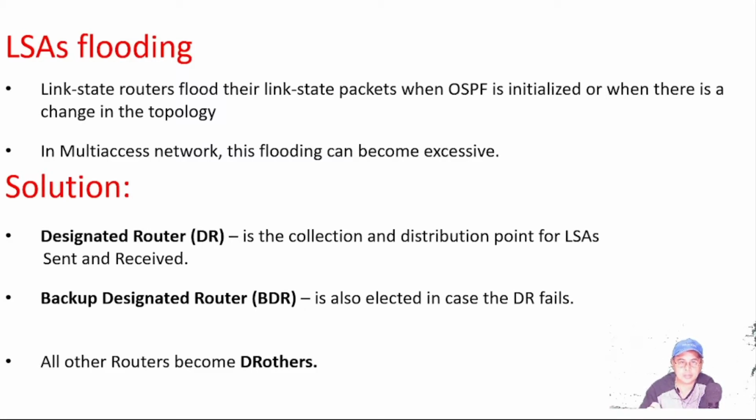And the election of a backup designated router as well is very important, because in case the DR fails, the backup designated router will act as the designated router. So in the routing domain, all other routers that are not elected as DR or BDR will become DR others. Okay, so electing a DR and BDR is the main solution for this LSA flooding.